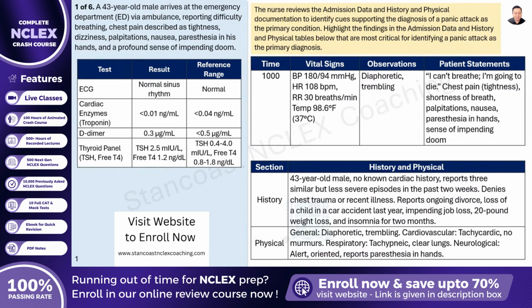In the general physical exam, patient is diaphoretic, trembling. Cardio, patient is tachycardic, no murmurs. For respiratory, he is tachypneic, has clear lungs. For neuro, he's alert, oriented, reports paresthesia in hands.